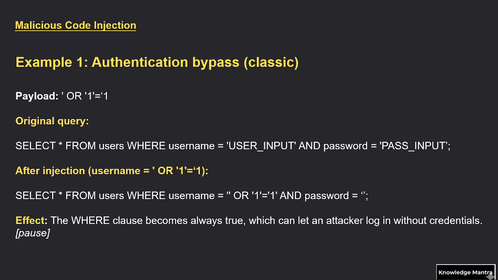The WHERE clause is always true, allowing login without valid credentials. So the WHERE clause becomes always true when we are using 1=1 in the original query. So this can let an attacker log in without credentials. Attackers don't need credentials if they are able to insert 1=1 in the original query. So that's how they inject malicious code.